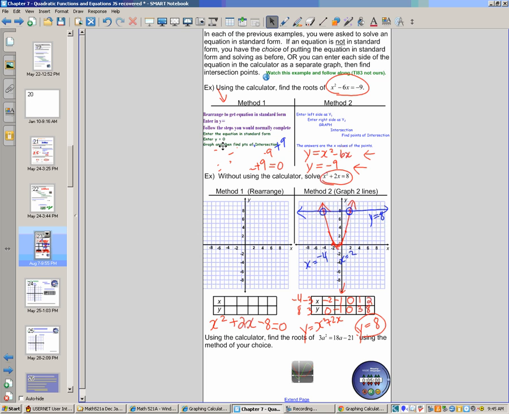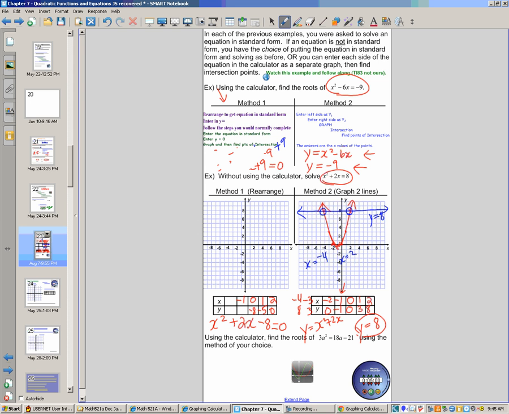if we did it by rearranging, then you'd put in a 0: 0 squared plus 2 times 0 minus 8 would be minus 8. Put in a 1. 1 squared is 1, plus 2 times 1 is 2, so that's 3, minus 8 is minus 5. Put in a 2, 2 squared is 4, plus 2 times 2 is 4, so 8 minus 8 is 0.